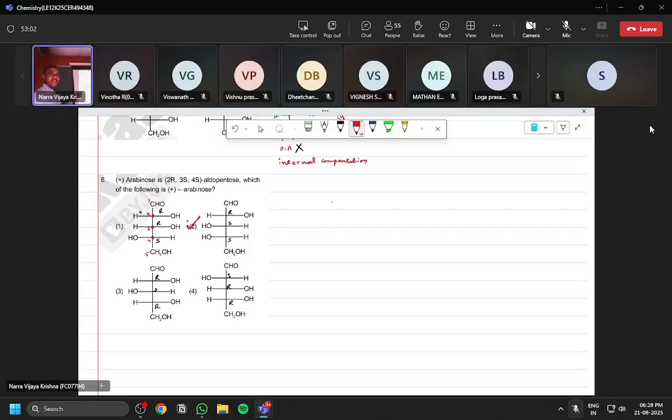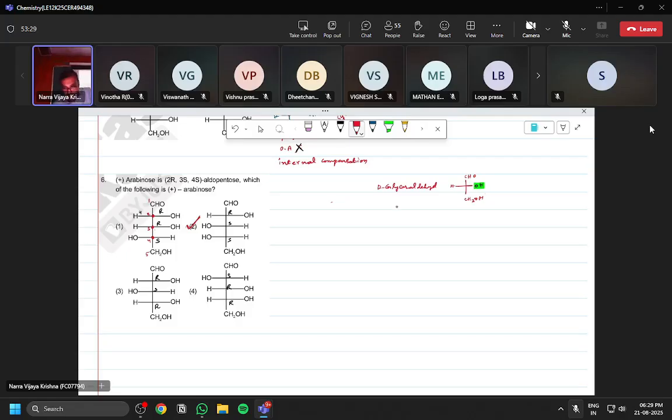Clear? Right? Now, if you see the table, we wrote first D-glyceraldehyde, if you remember. In the D-glyceraldehyde, we wrote CHO, CH2OH, H, OH. We fixed the position of this OH in all the cases, correct? And we keep on introducing the next carbon, and so on.